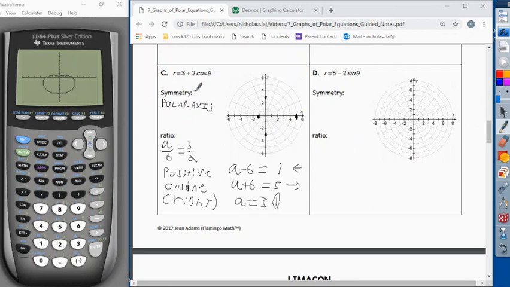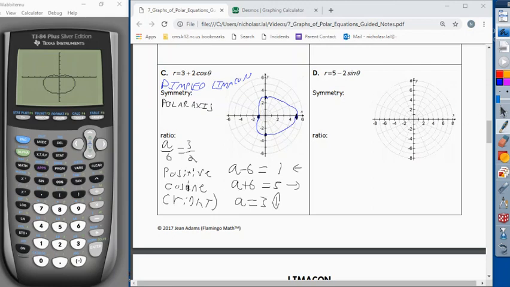Remember, this is a dimpled limacon. So drawing the polar graphs, we would move out to this point, come back to this point, and then have the limacon dimple in.